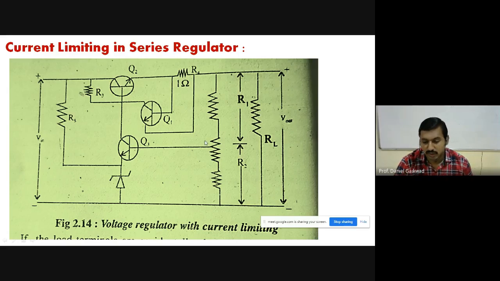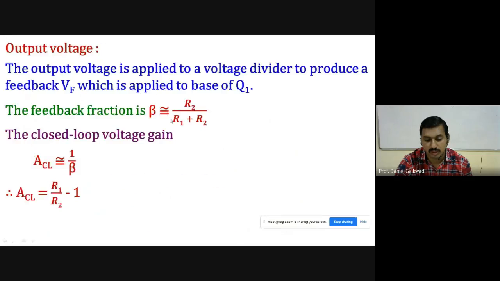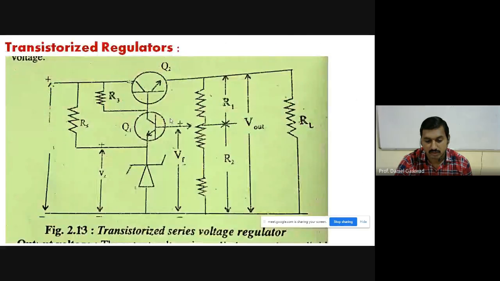Okay. So what is the important or extra part in this circuit compared to the previous circuit? Check carefully: in the transistorized regulator we have only two transistors, Q2 and Q1 suppose, and Q2 has a certain base, and according to the base voltage Q2 conducts current. If the base voltage is small, it doesn't conduct, it has a large resistance, and accordingly certain power dissipates in the transistorized regulator.